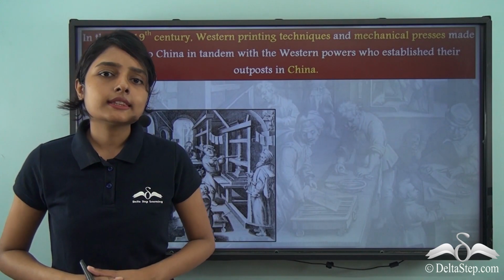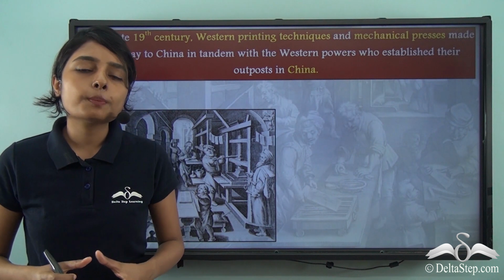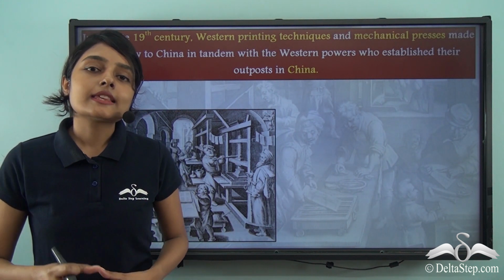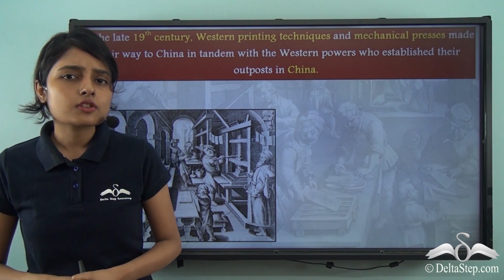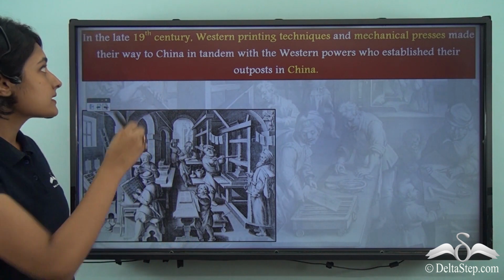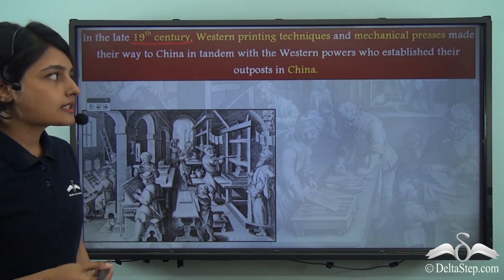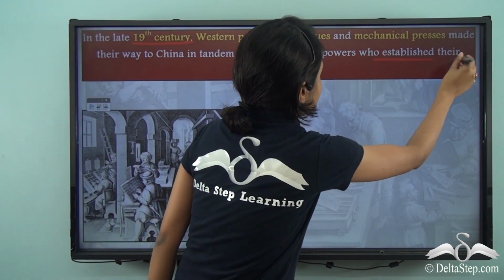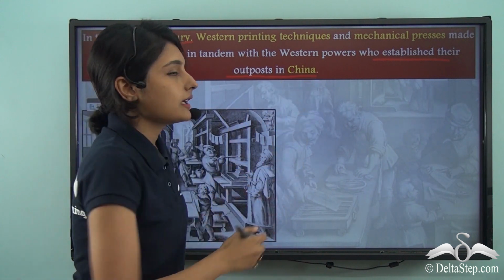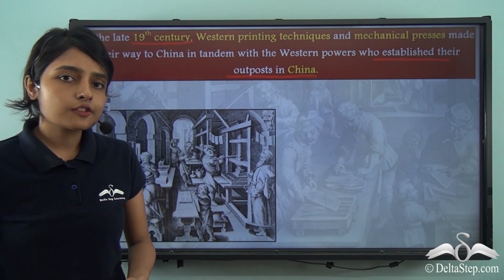Now by the 18th and the 19th century, the European colonizers had established themselves in different parts of the world, and China was also no exception, because by the late 19th century, the Western powers had established their outposts in China. Now what was the result of this?